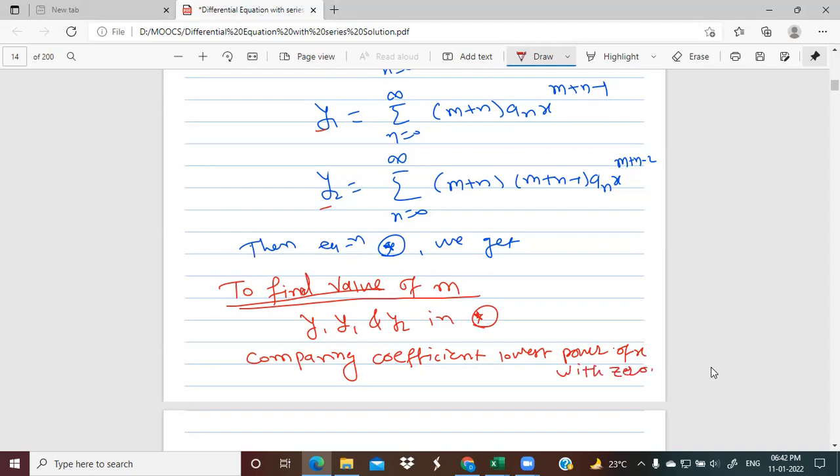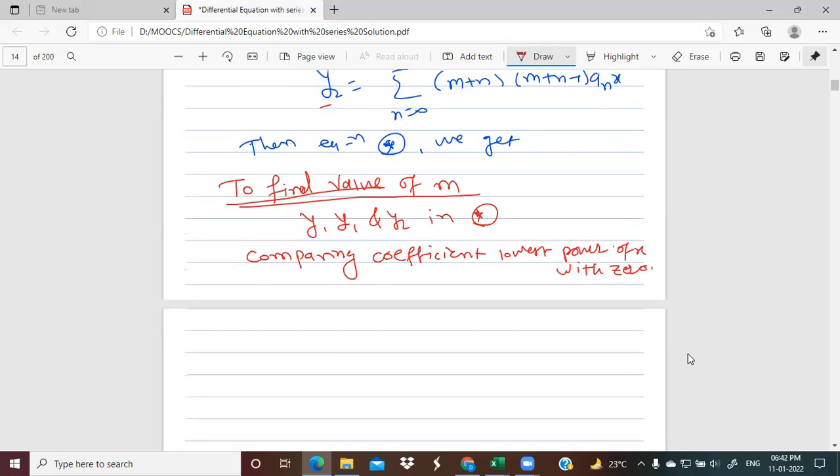We compare with 0 and we get a quadratic equation in m. That means we are getting m having two roots.